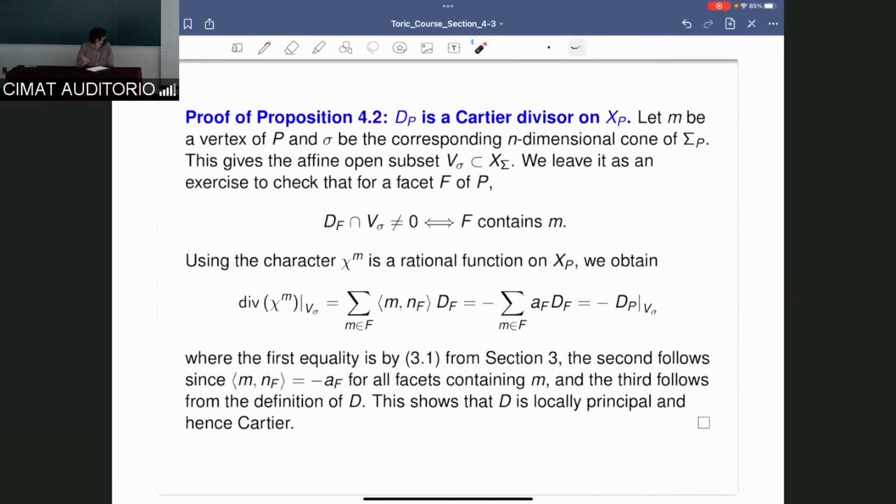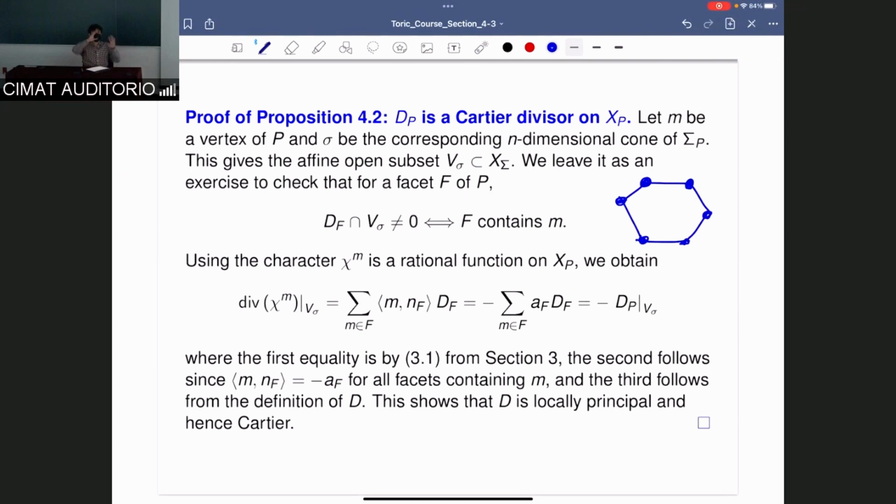Maybe let's not go too carefully over the proof, but I can at least tell you, because sometimes it's good to know how deep a result is. And this one is not deep at all. I'll just outline what computation one needs to do. What one checks is that it's locally principal. Here you have the polytope, and in your polytope you have some vertices. Those vertices correspond to the maximal cones in the normal fan.